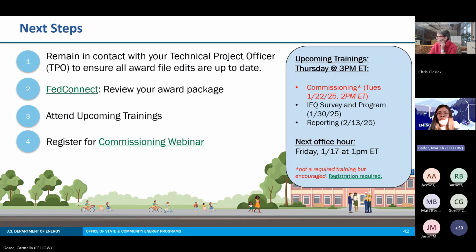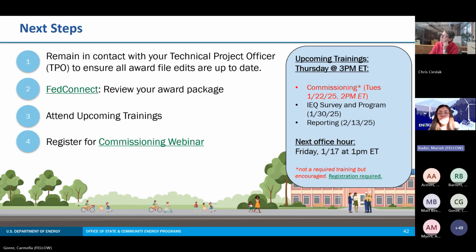And so for next steps, as always, please do remain in contact with your technical project officer to ensure all award files and edits are up to date. Next is to ensure to review your award package in FedConnect when you are prompted to do so. Attend upcoming trainings and register for the commissioning webinar if you are interested.